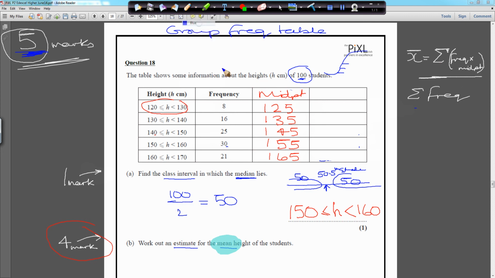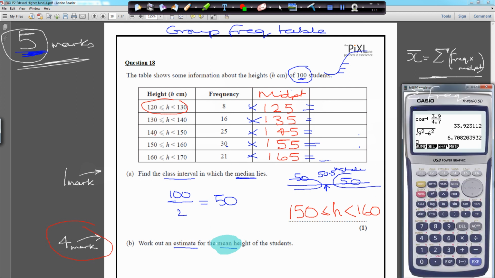Let's work that out now. Let's pick up blue. The midpoints are here, and the frequencies are here. We need to multiply these two, these two, and these two, and put the answer in here. Let's grab our calculator and bring it across.